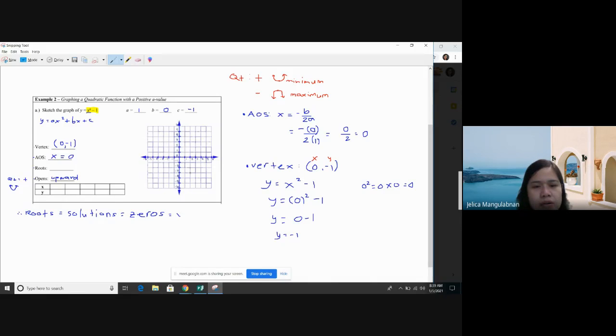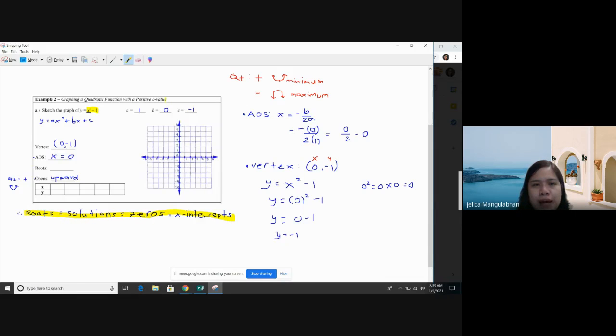And these are also the x-intercepts, where your graph touches the x-axis. Remember this concept. They are just the same, but we're just using different terms. They become x-intercepts when you graph them. They become zeros when you substitute the y into zero.